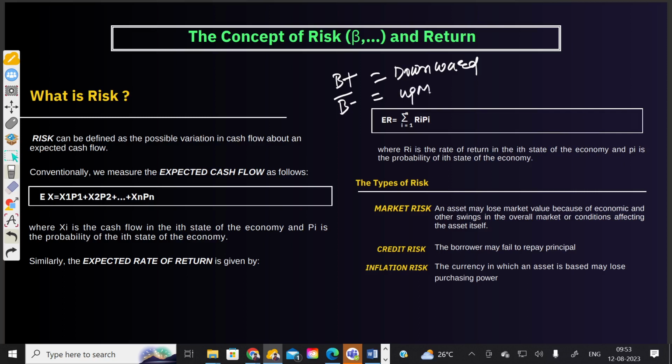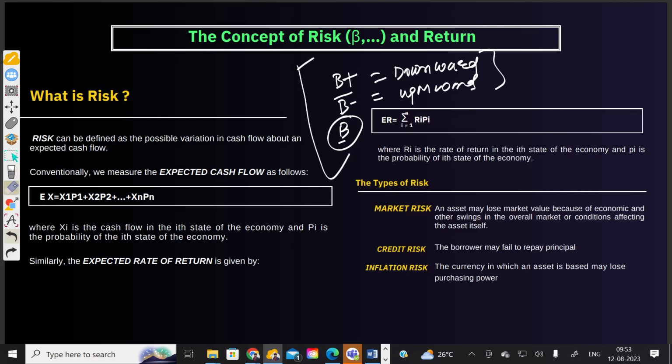Investment will go upward, sorry. And if the beta is neutral, it means you don't need to invest or sell anything, just hold. If you have an investment, hold it, or else don't do any activity at the moment, because there is no movement as per the beta.